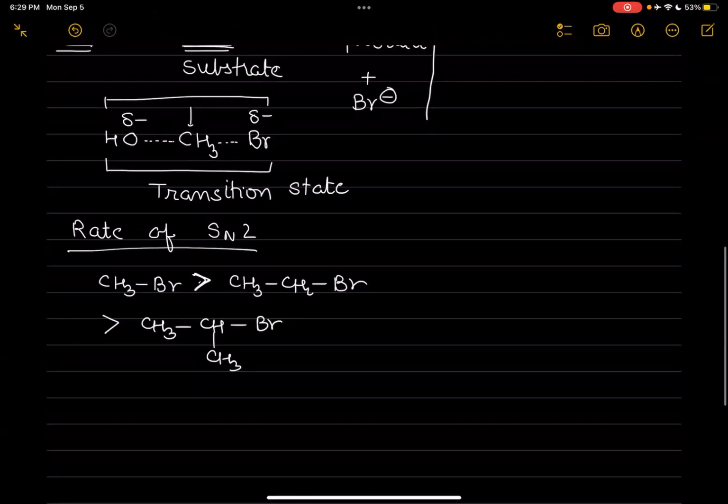As you have more and more carbon atoms, this is primary carbon, this is secondary carbon, and this one is tertiary.